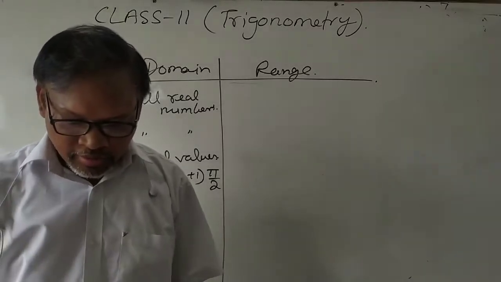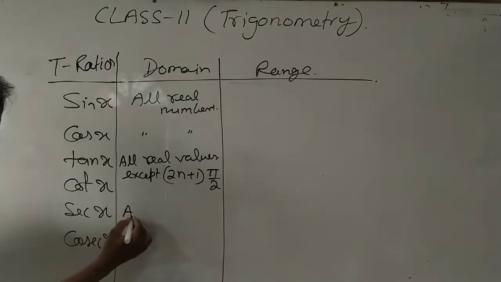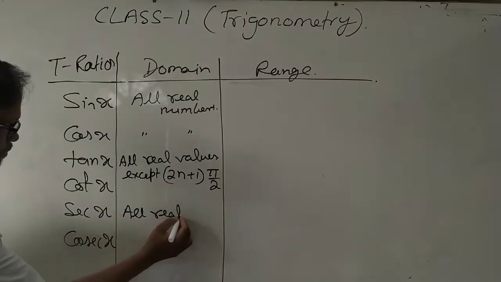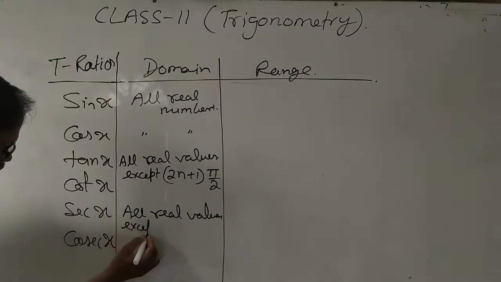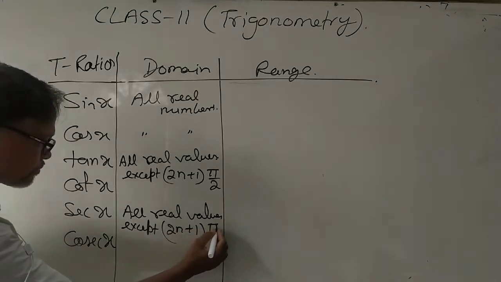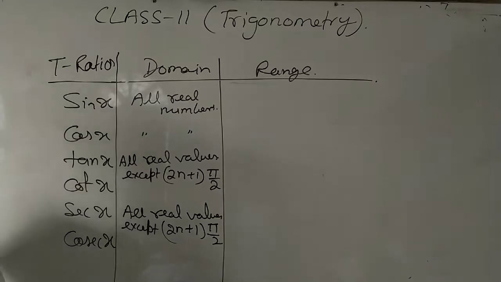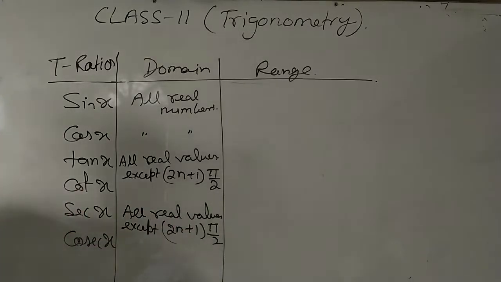Similarly, in the case of sec, the same; you can check, sec 90 is also infinity, so that is why the odd multiples for sec. But for cot and cosec, we write it separately, cot x and cosec x.